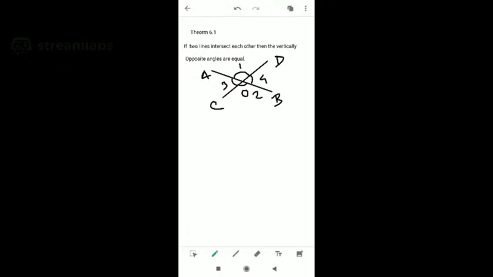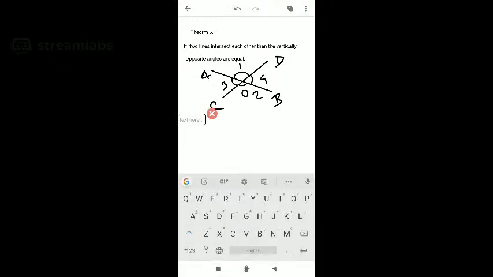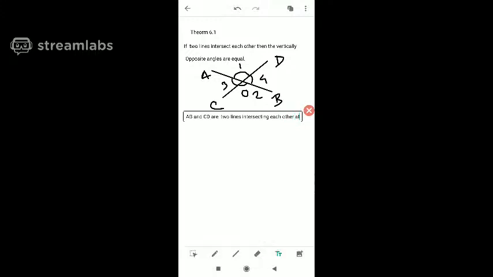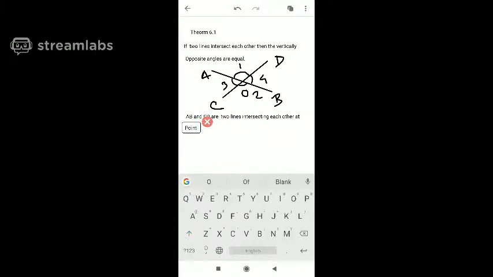So how to write this? First we will write: AB and CD are two lines intersecting each other at point O, and we have to prove.